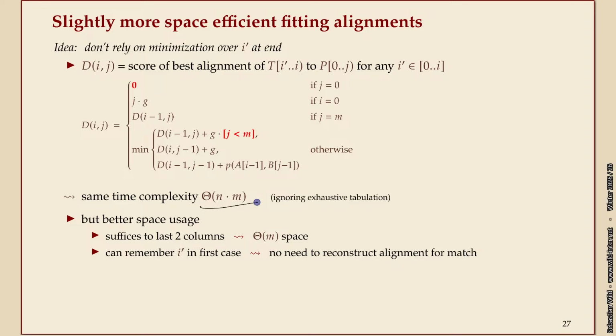Okay. You don't even need to do this here, clever. You can augment the dynamic program to store when was the last time you used this 0 rule. If you store the starting point of the alignment, which is the value of i at this point, in a second table, then you can just read out that second component, and that's going to tell you for every score what was the starting point of the alignment, or what was the prefix of t that you ignored for free.